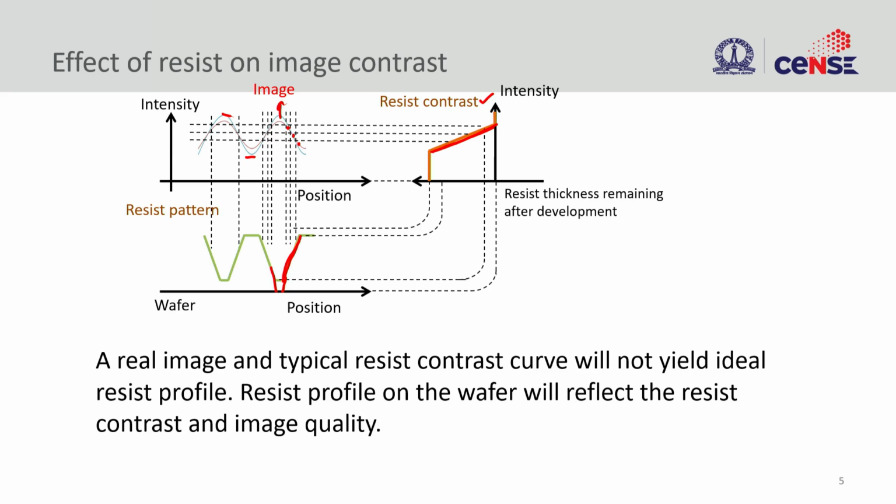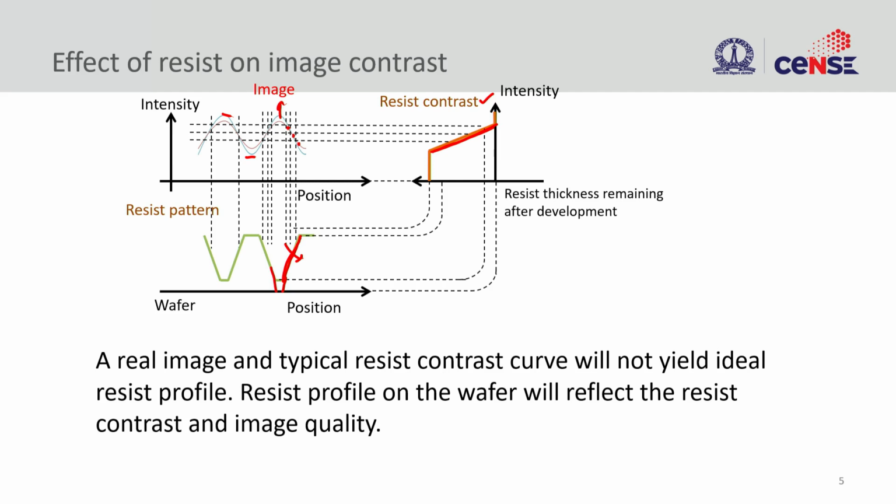But then again you should be able to solve this problem by using your development process and baking process that we saw earlier. So the resist process technology will also be useful in addressing this slope issue. You can make this reasonably vertical. Okay, so this is how we transfer the pattern from the image contrast, or intensity pattern that we have, onto the photoresist pattern.